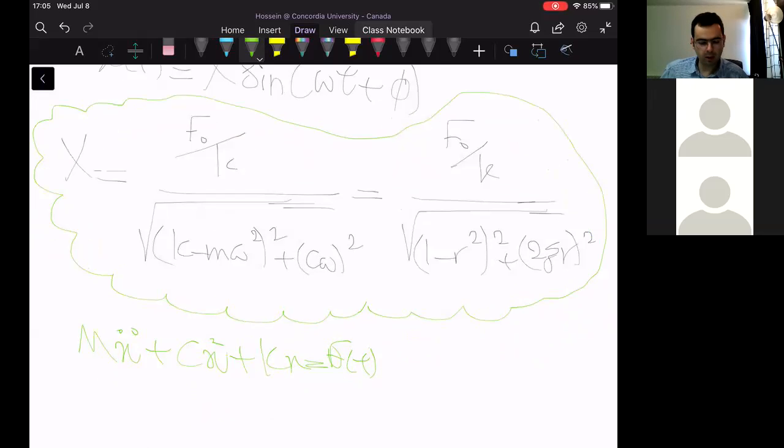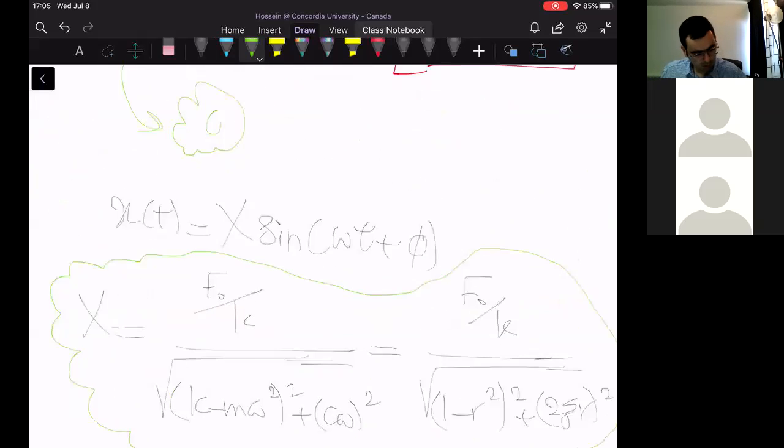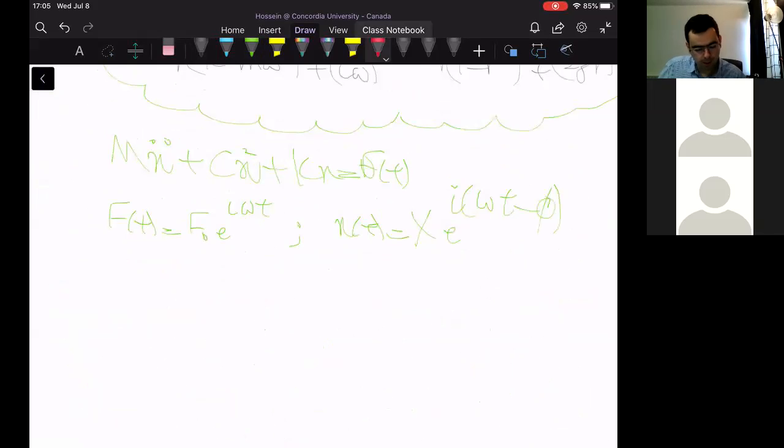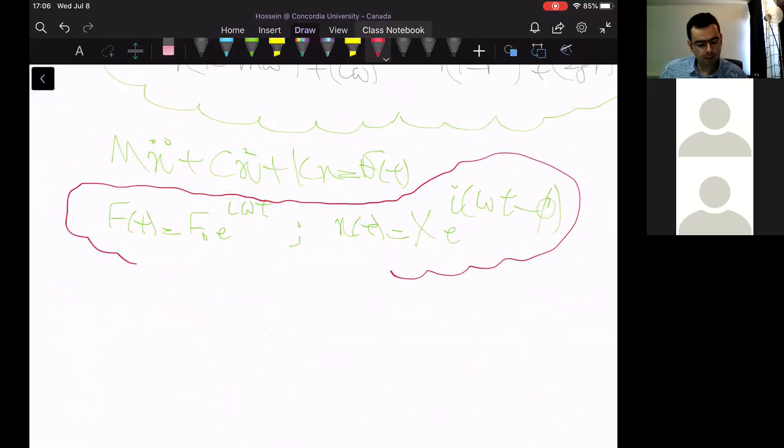If you consider a general force f of t as f naught e to the i omega t, and the response would be something like x e to the i omega t minus phi, you could easily derive this amplitude by solving this equation, in case you will not have any formula sheet in the exam, but definitely you will be given one.